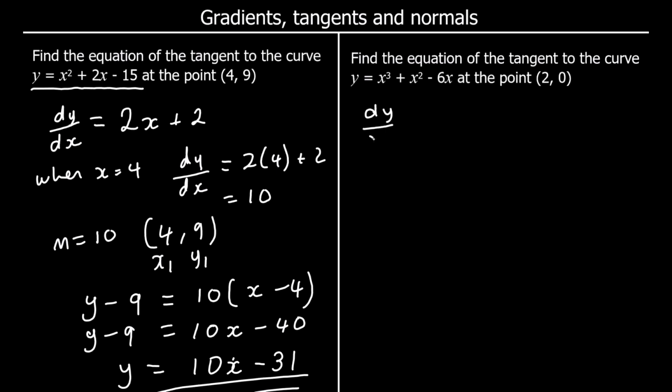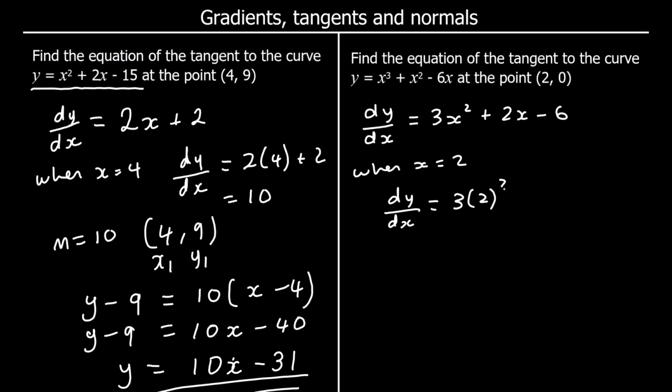So we're finding the equation of a tangent. So dy/dx, 3x squared plus 2x minus 6 is the gradient function. And we want the gradient when x is 2. So dy/dx at that point, 3 times 2 squared plus 2 2's, take away 6.